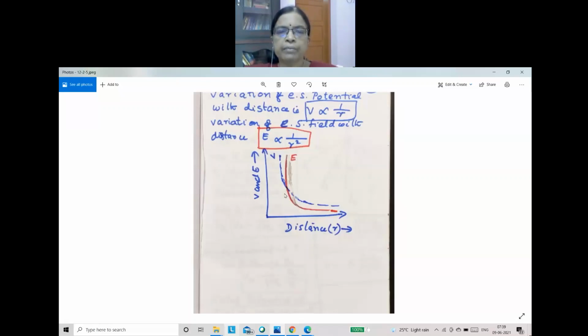Electric field, see, the curvature is more because it is inversely proportional to r square. Here the curvature is less, 1 by r. V and E, the graph with the distance. So more curved, which one will be electric field? That V is inversely proportional to R. E is inversely proportional to R square. That's the difference. Graph also important.